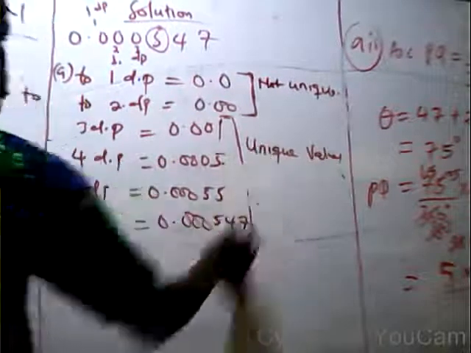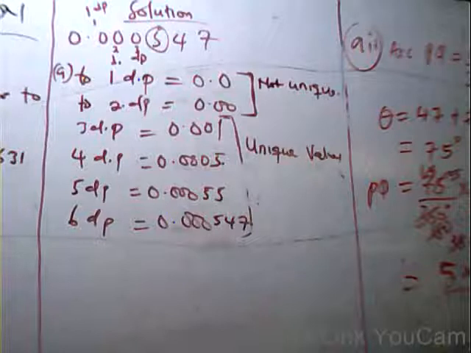After this, let's move on to what we call limit of accuracy. Limit of accuracy.